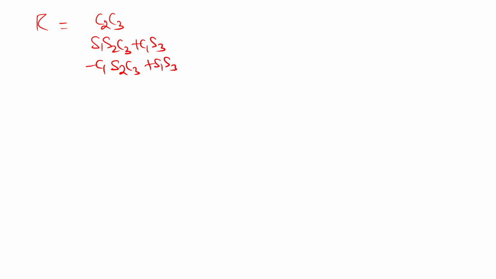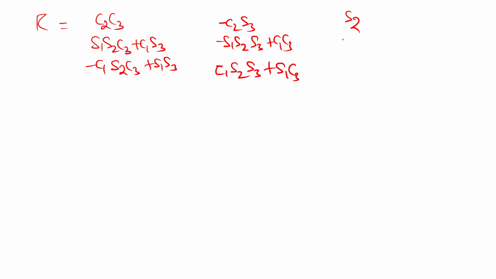Then here minus C2 S3, here minus S1 S2 S3 plus C1 C3, and here minus C1 S2 S3 plus S1 C3. Then here it is S2. So here minus S1 C2, C1 C2.